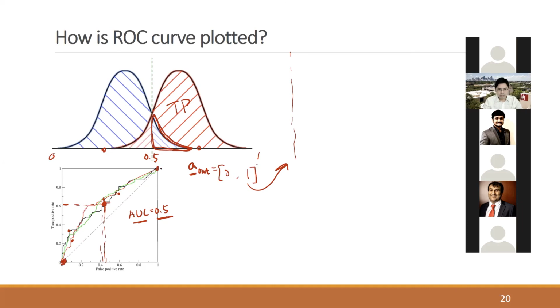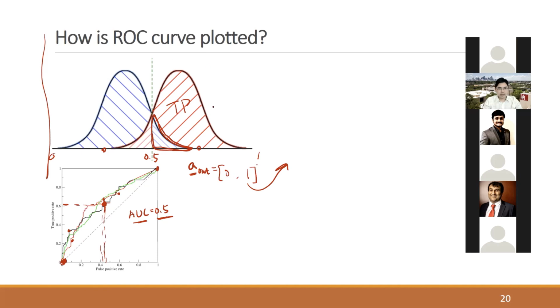Where is this line here? When you have a true positive rate of 1, you will also definitely have a false positive rate of 1. This is when the threshold line is moved to the left end, when you predict everything positive, and there are no negative cases.